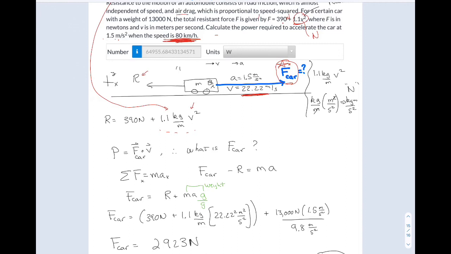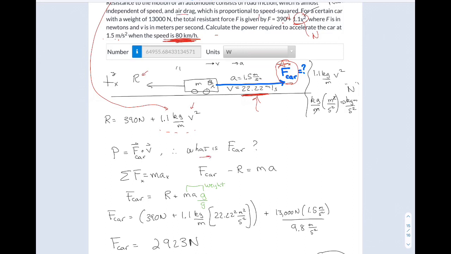From our notes, to find the instantaneous power, I take the force dotted into the velocity. They gave me the velocity, my 80, or 22 meters per second. But I need the blue force being exerted on the car. So I apply F equals ma to the car. I drew my forces in the x direction with my coordinate system.